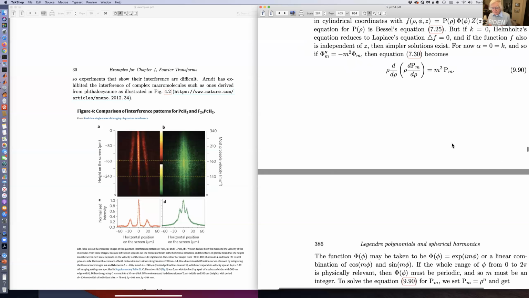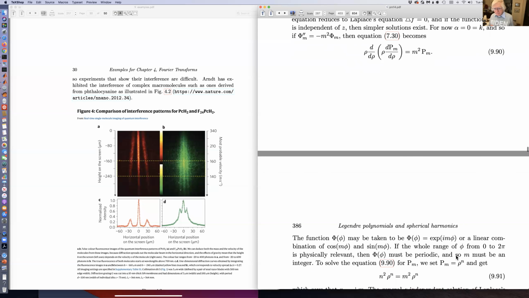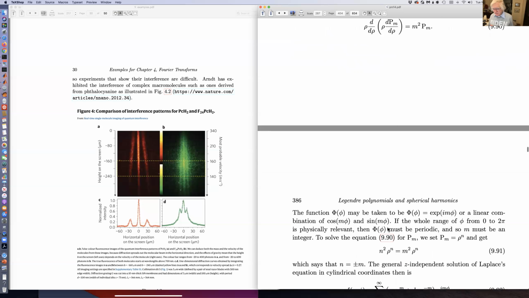And in this case, in order to satisfy this equation, we can take Phi to be e to the i m phi, or a linear combination of cosine and sine. And now you then have to ask yourself, are we trying to solve a problem that has the whole circle of phi from 0 to 2 pi as physically relevant?